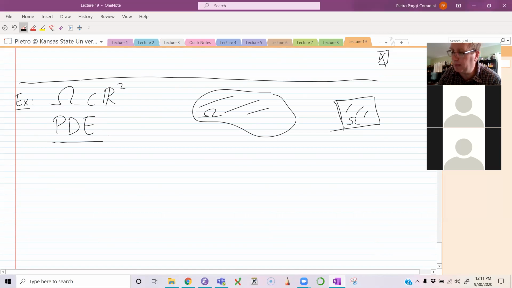Now, the most important PDE, I mean, period, the most important PDE, PDE stands for partial differential equation, is the so-called Laplacian.